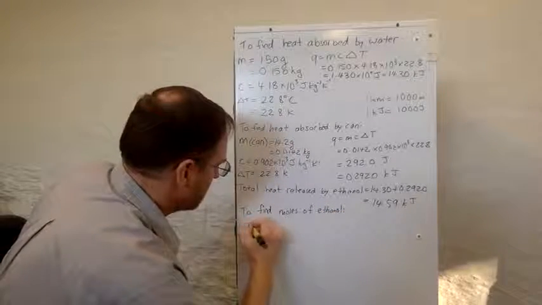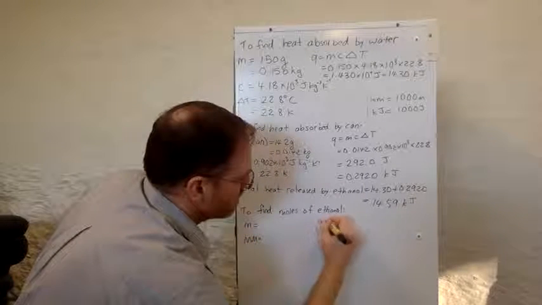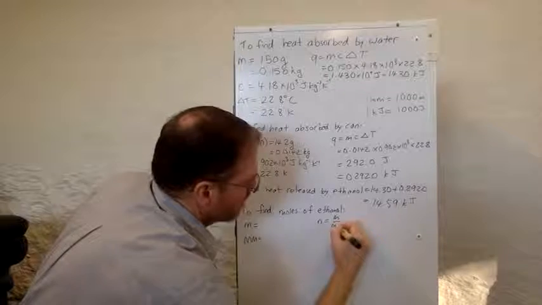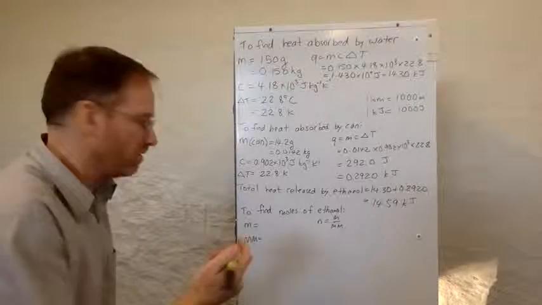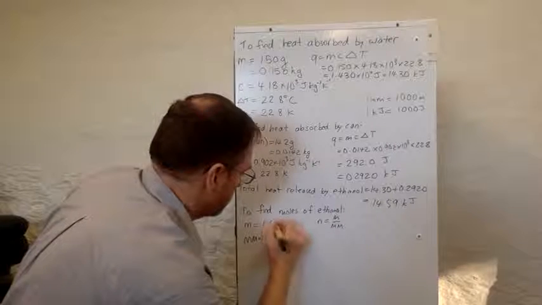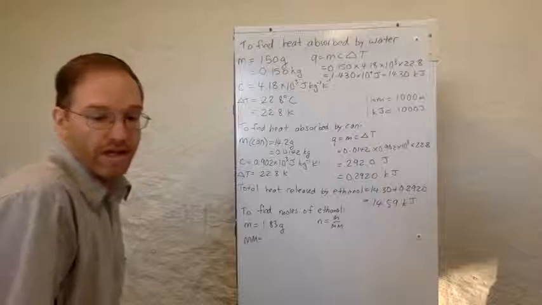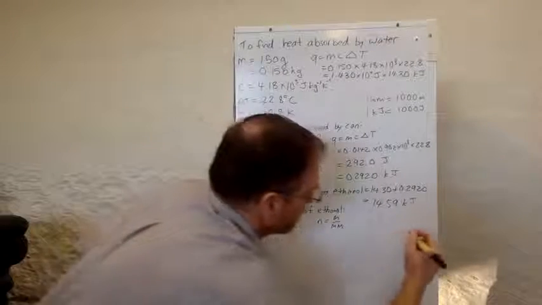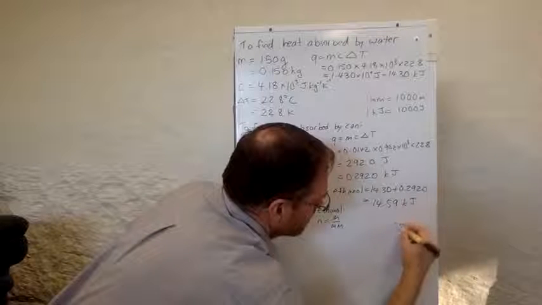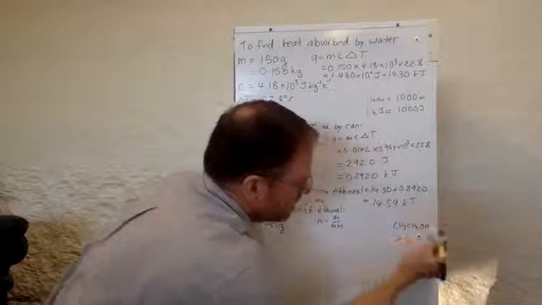I need to know the mass of ethanol. I need to know the molar mass of ethanol. And then I'm going to use number of moles is mass over molar mass. You'll know the value for your mass of ethanol. Let's say in mine that 1.83 grams of ethanol was used. And molar mass of ethanol, well, I'll just write over here so you can see, CH3CH2OH is ethanol.